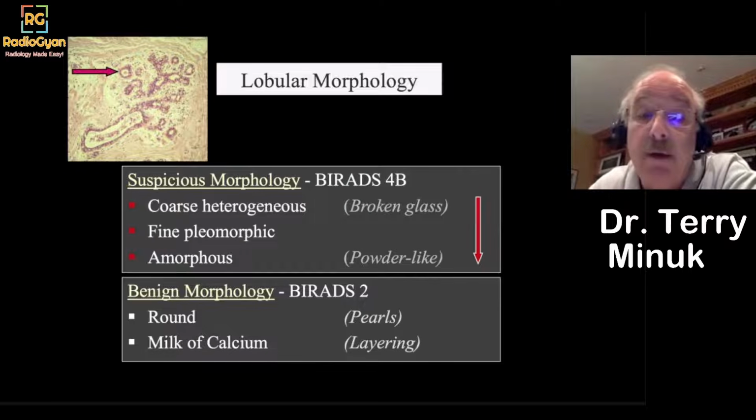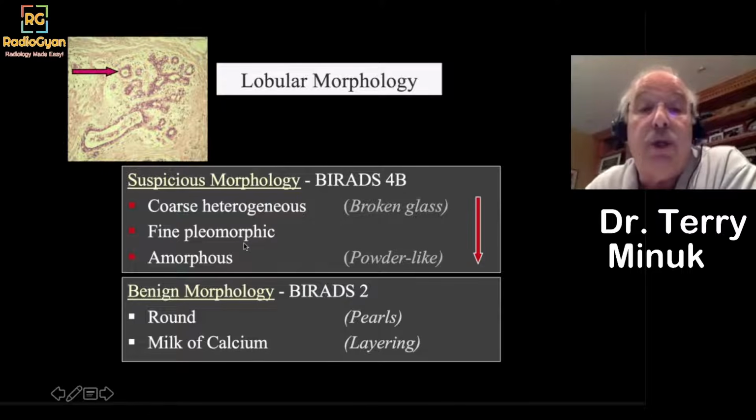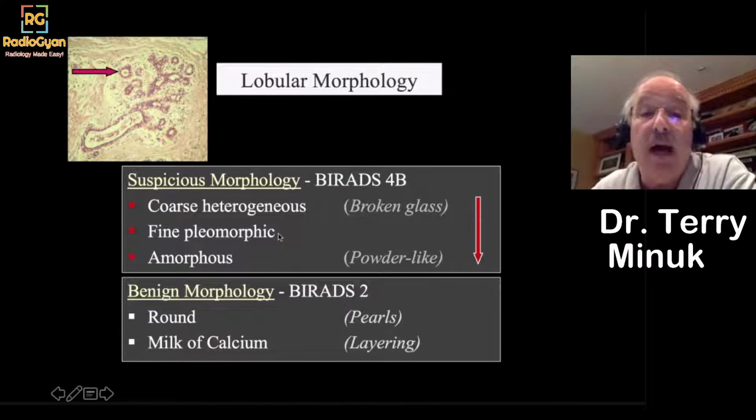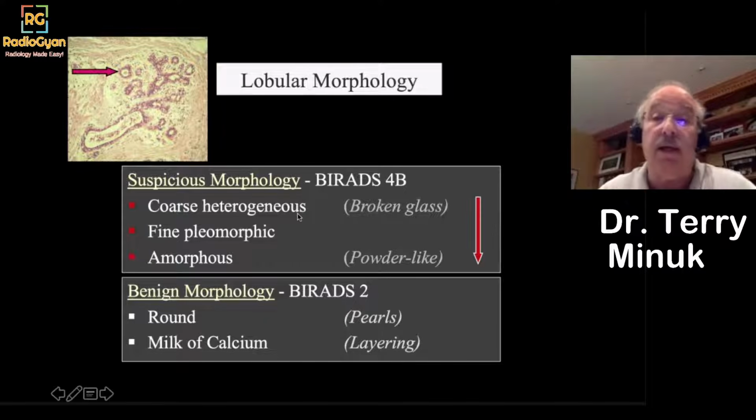Some of them are fine, some are coarse, but you will almost never see coarse heterogeneous calcifications only. You almost always get a mix of the two. So why BI-RADS has chosen to differentiate them is that the pleomorphic calcifications have a slightly higher risk of malignancy than the heterogeneous calcifications, but they tend to occur together.